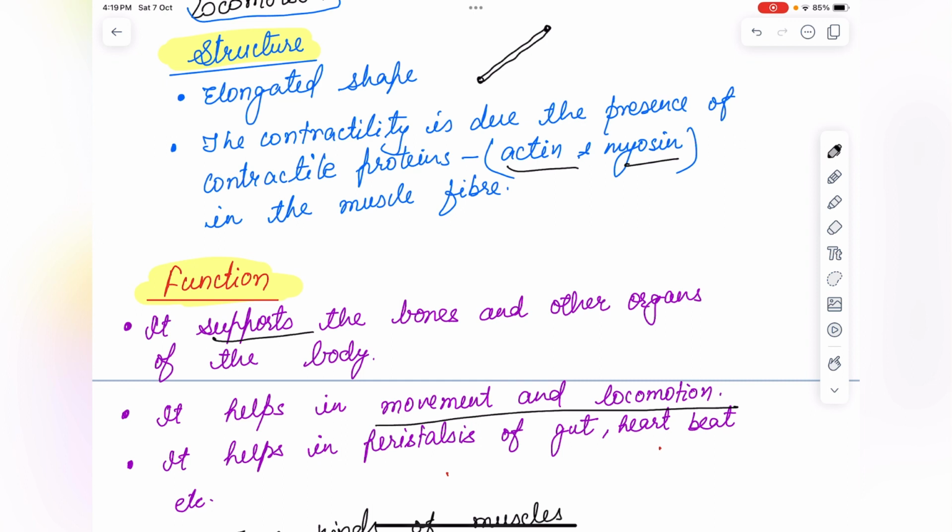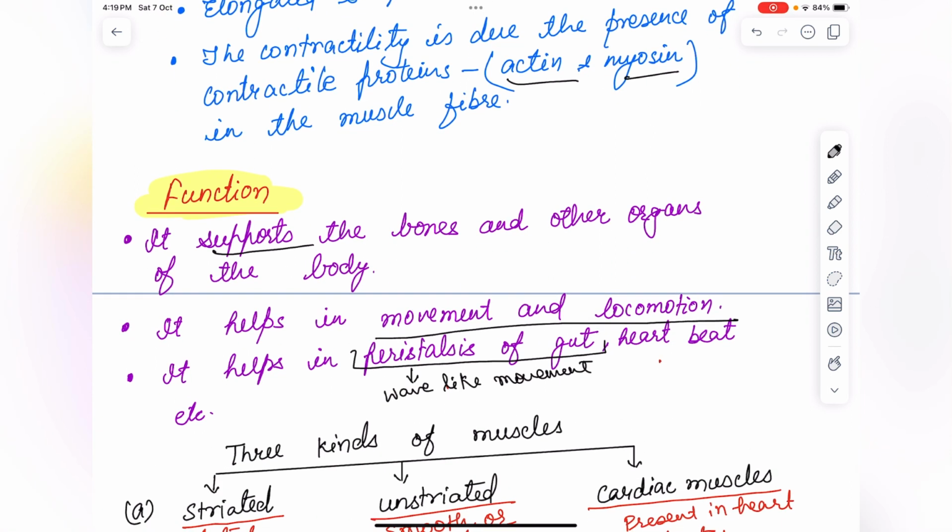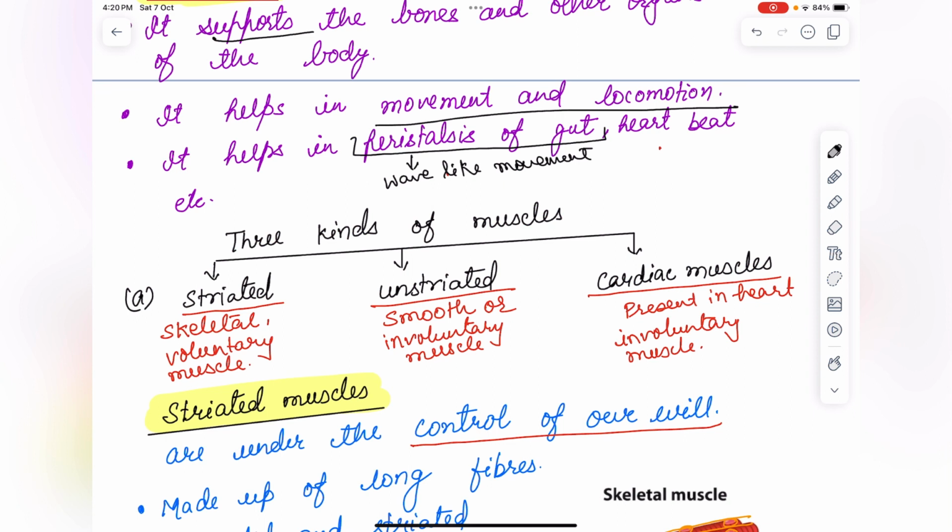Next point is it helps in peristalsis of gut, heartbeat, etc. What is peristalsis? Wave-like movement of the muscles. When we are taking food, it helps in the movement of the food from the mouth to the esophagus, and it moves to the stomach. Next point is these muscles are of three kinds, that is striated, unstriated and cardiac muscles.